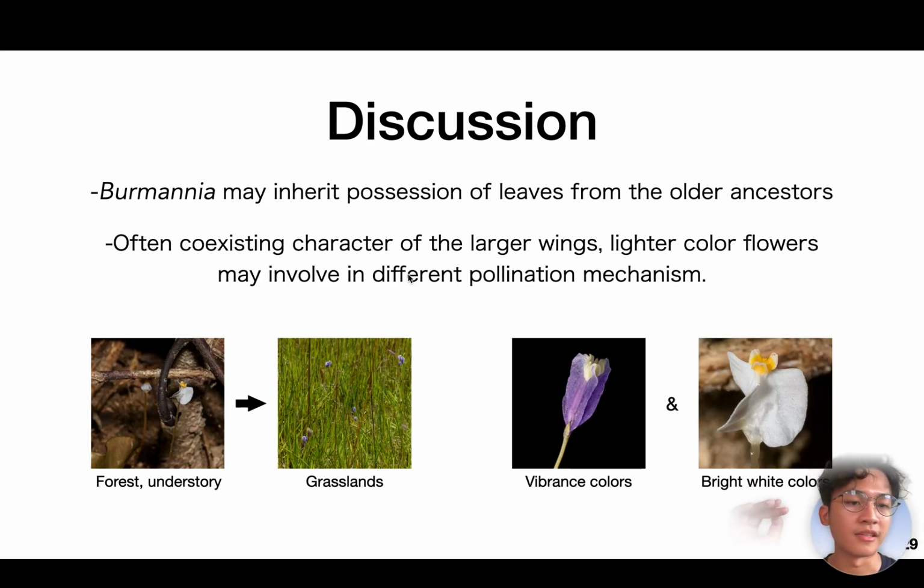I think my theory is that maybe the ancestor of the Burmanniaceae lived in a more shady area, like the dense forest understory. But at the border of the forest, where there is some grassland, the Burmanniaceae evolved into having more robust forms in the open area, which is quite interesting for a plant to evolve back into what it used to be.